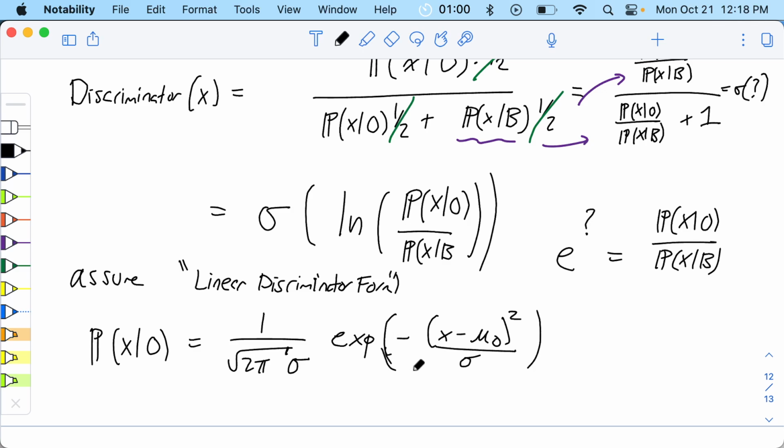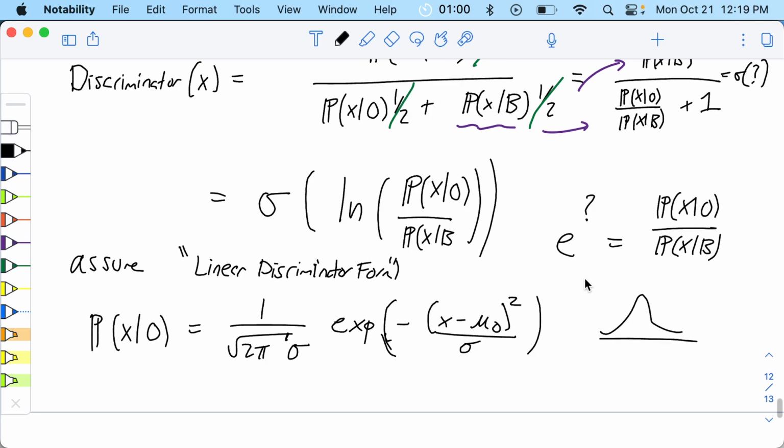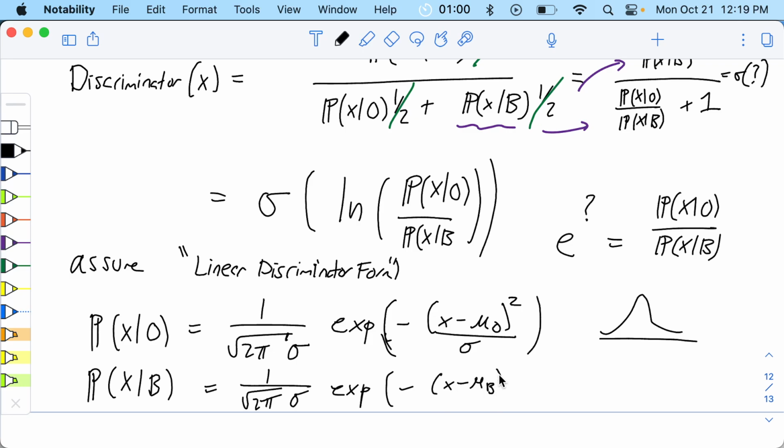Okay, so that's the formula, and this is the special formula. This is exactly the bell-shaped curve for a Gaussian. And it's the same thing for the probability of x given B. Same kind of thing. Square root of 2 pi sigma e to the minus x minus mu B squared over sigma. Same kind of thing. The only thing that's different is the mean. Those are the two formulas.